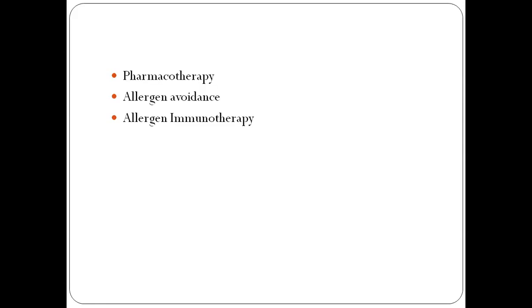Allergen immunotherapy is the last resort for severe symptoms not responding to pharmacotherapy, so we are not going to discuss it now. We'll mainly concentrate on pharmacotherapy for allergic rhinitis. As you guys already discussed, it is with antihistamines, local corticosteroid sprays, and saline nasal irrigation.